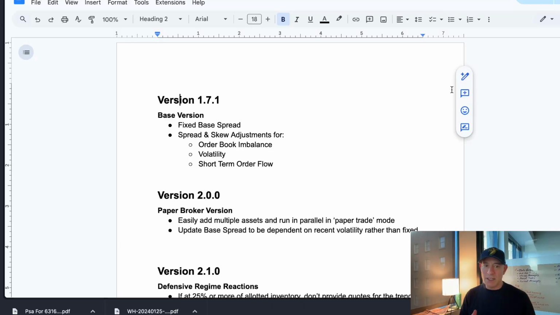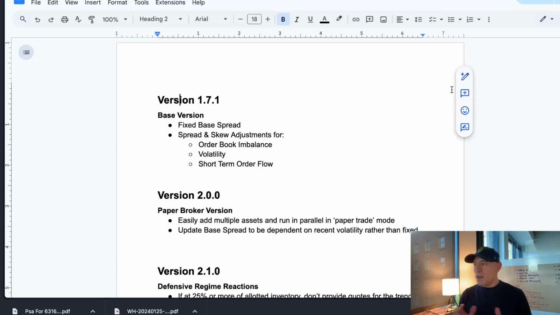I haven't really documented what changes were in each one of these versions, but version 171 is one of the original versions that's still running that I'm using in this paper trade mode and comparing some of the rules of this strategy versus a couple of the newer iterations.